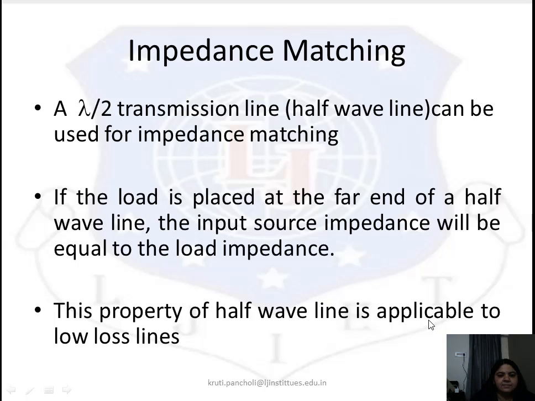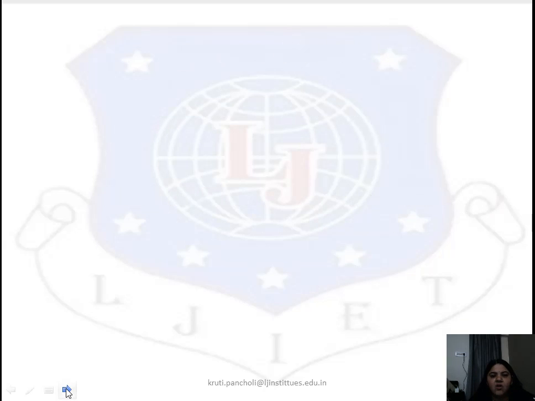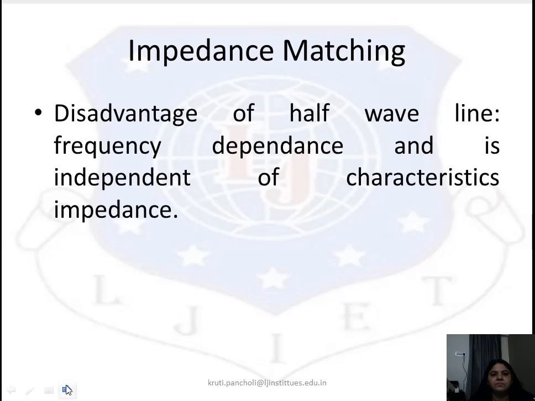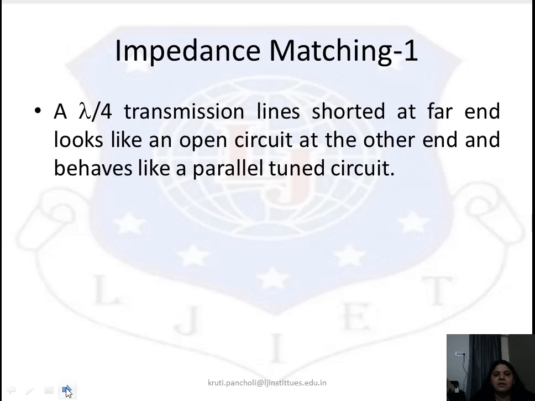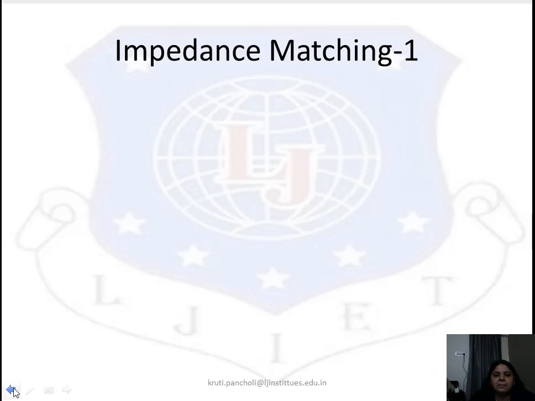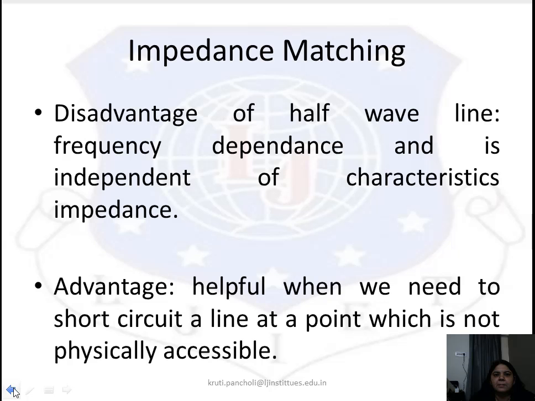It, however, has the disadvantage of frequency dependence, though it is independent of characteristic impedance. It has the advantage of being helpful when we need to set a line at a point which is not physically accessible.